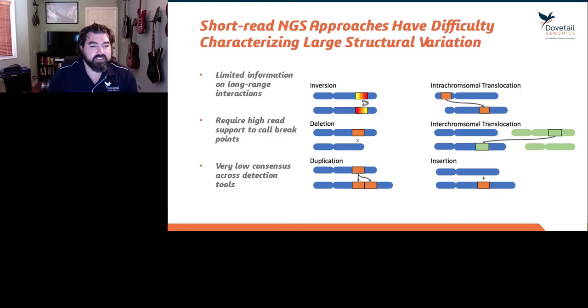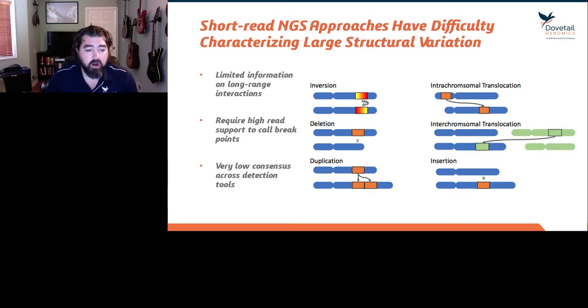And so just to set the stage here, one of the things that we do know about short read whole genome sequencing approaches is they generally have a hard time in characterizing large structural variation. So this is largely in part because they're limited in the long range interactions that they are able to capture.